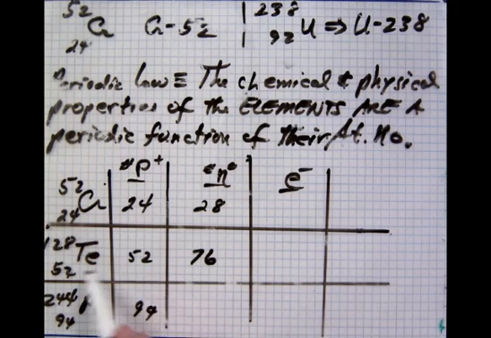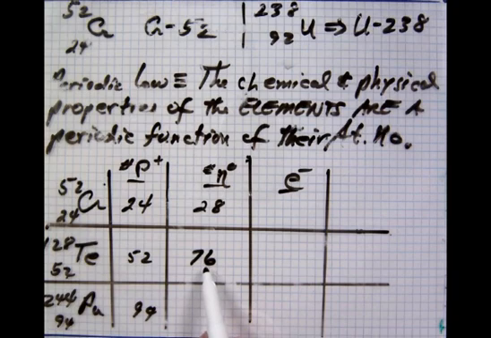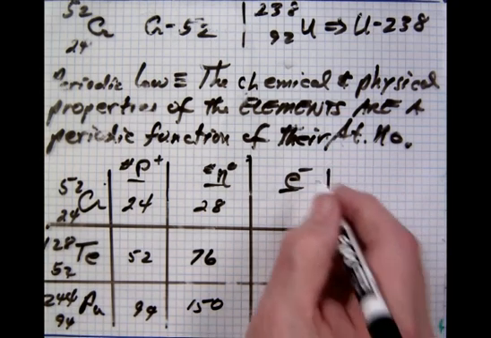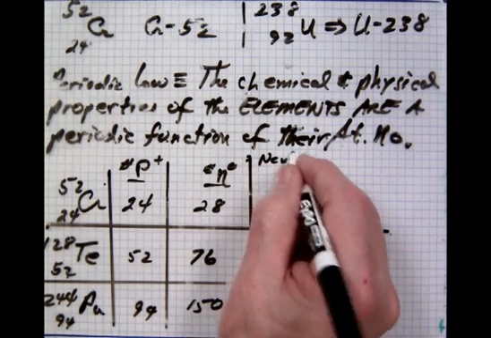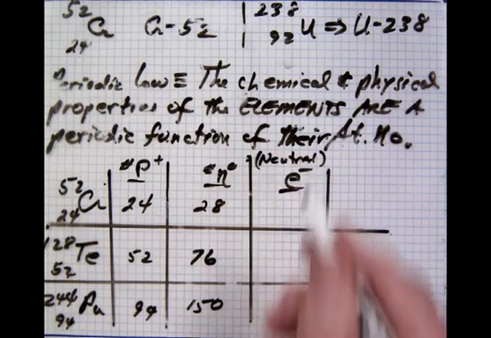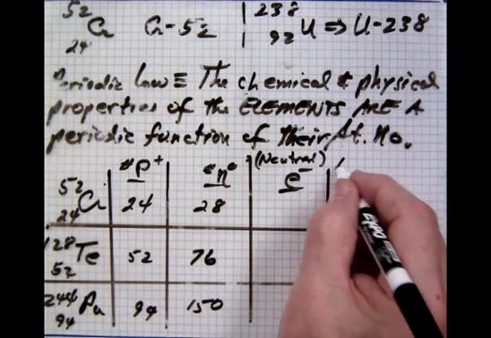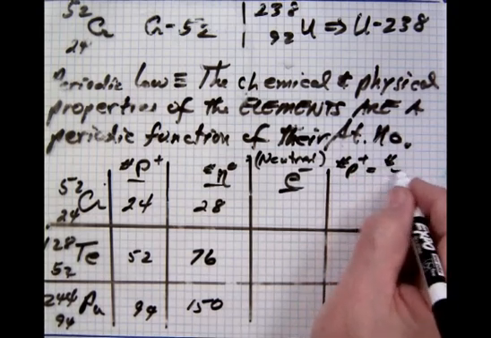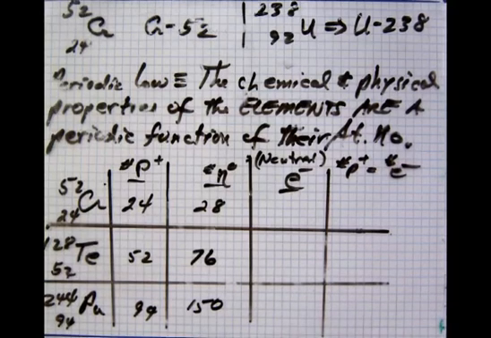So that's why you're getting extremely high neutron numbers to hold the nucleus together. And when you get, say, plutonium 244 minus 94, that's 150 neutrons. Now, if we're talking about a neutral element, the number of protons equals the number of electrons. We'll talk about ions here in just a minute.